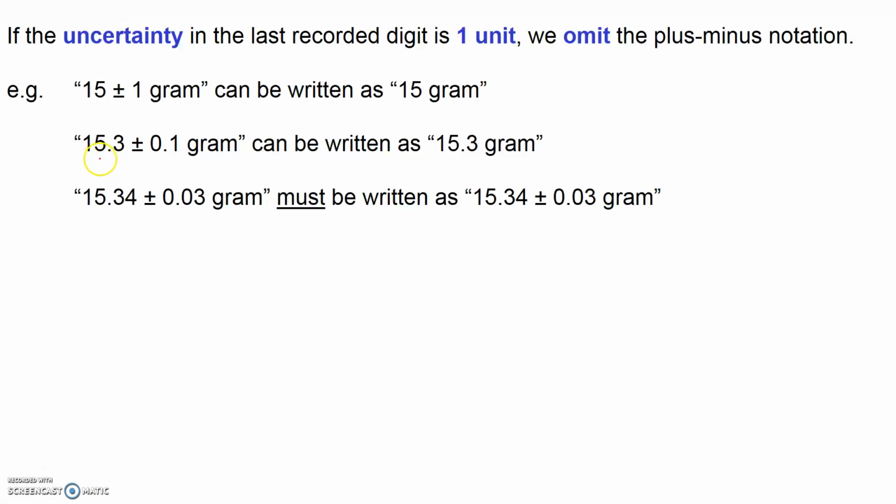The same for our value of 15.3 plus or minus 0.1. We don't have to include this plus or minus notation. It's understood that it is plus or minus 1 in the 3 if we omit that. However, when we go out to this one, where the uncertainty is not plus or minus 1 in the last digit, we have to specify it explicitly to make clear what we mean.